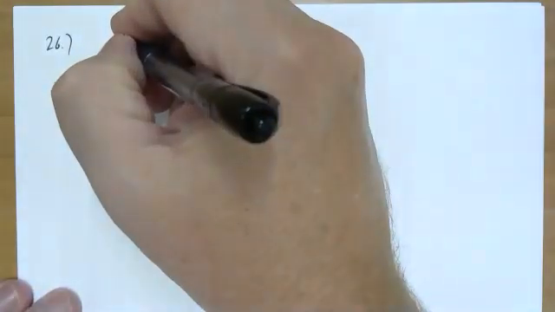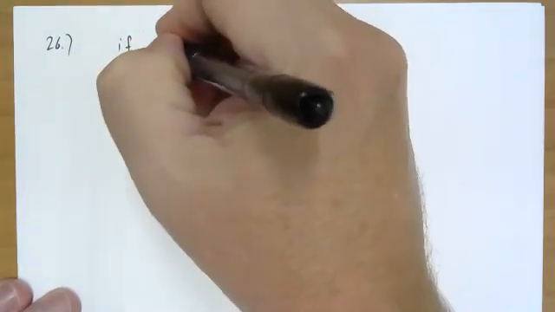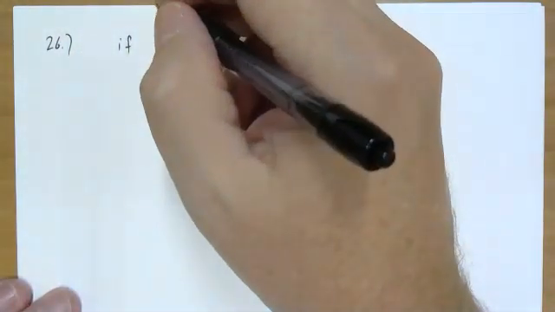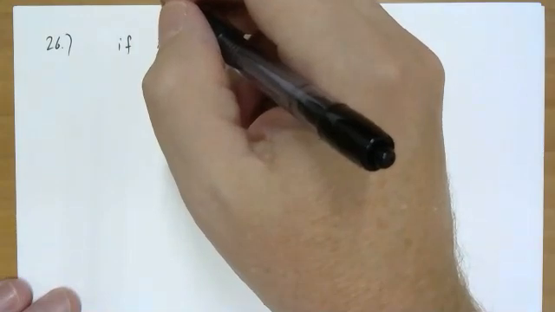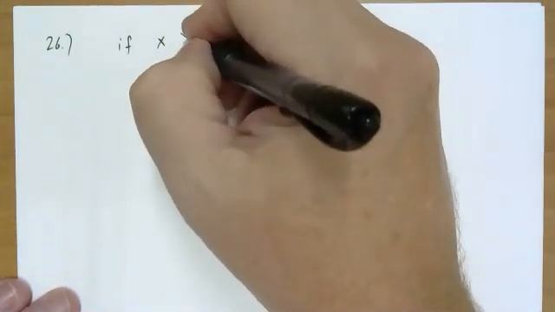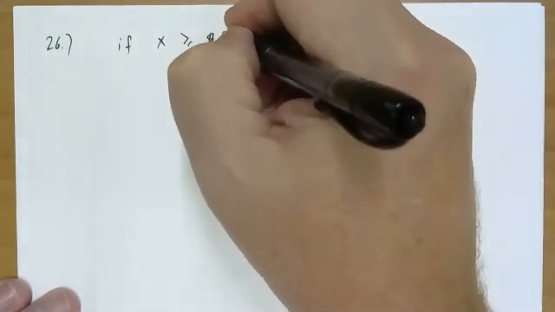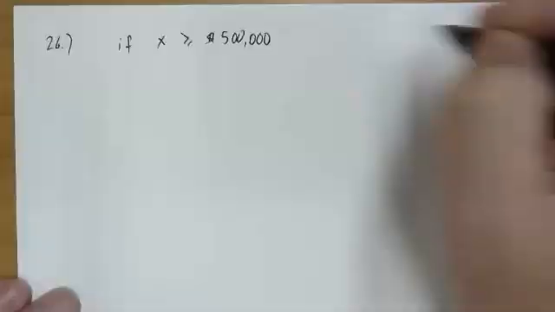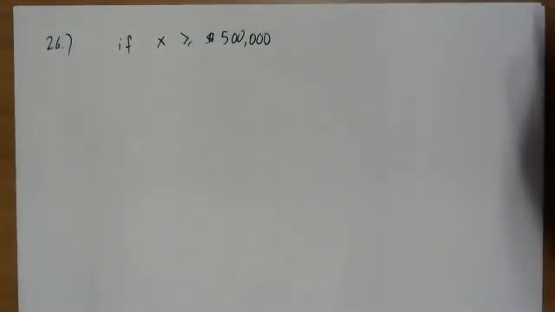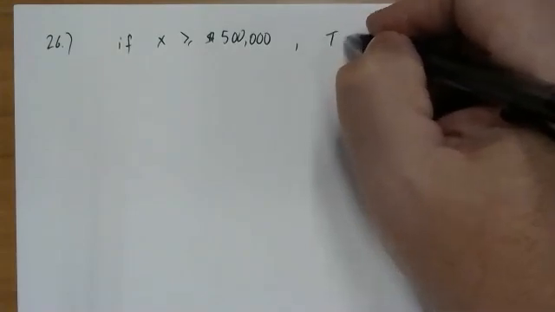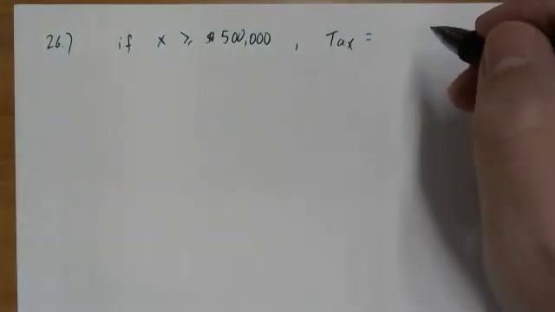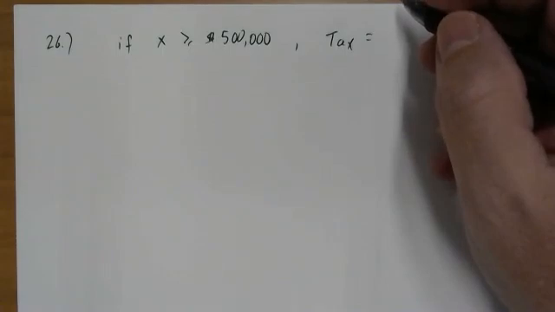So piecewise function means the function changes according to the value of X. For this taxes problem, X is the amount of money you make, and if it's less than or equal to $500,000, then you're taxed at 1%, which is 0.01.